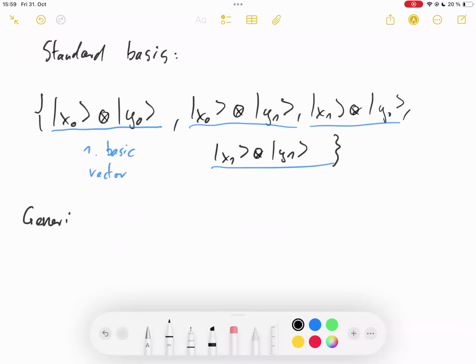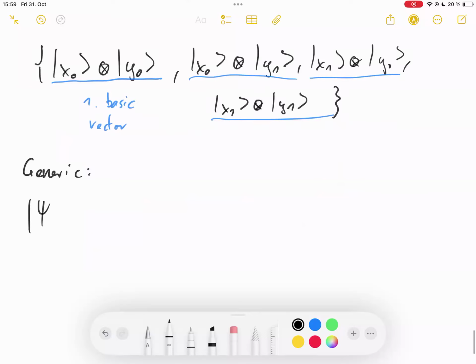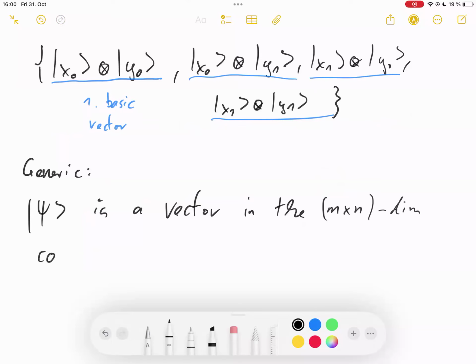So from a generic perspective, our psi ket, which is now from a composite system, is a vector in the m times n dimensional complex space, C to the power of n times m.